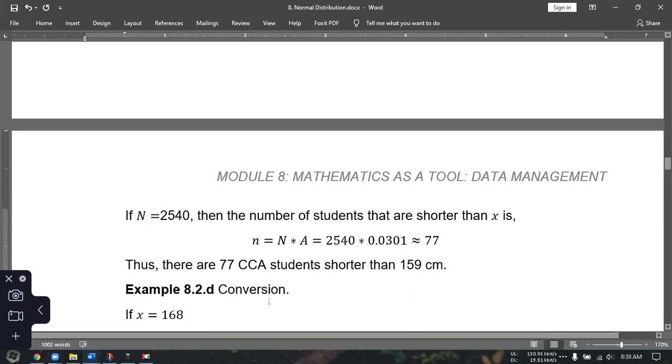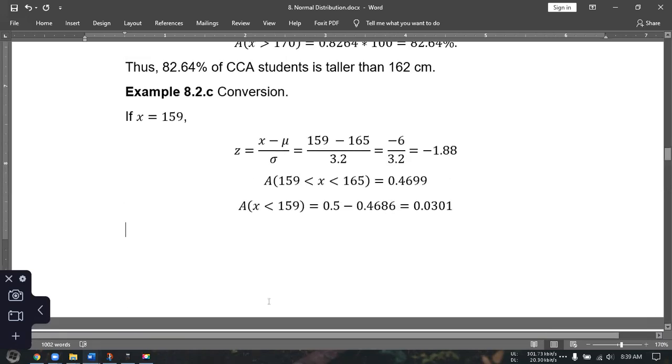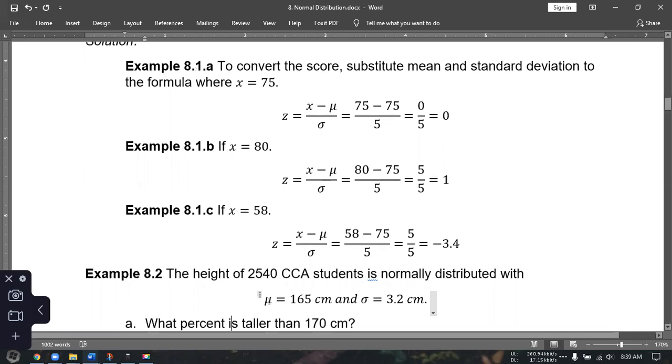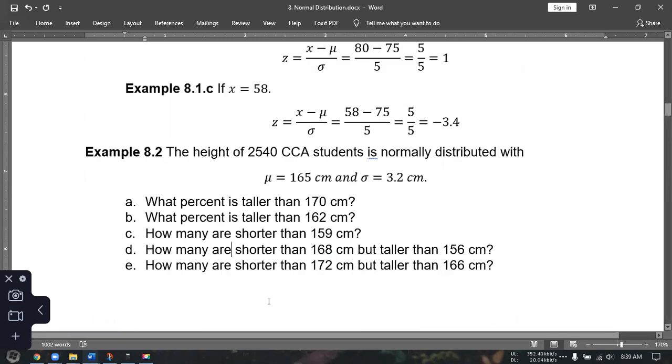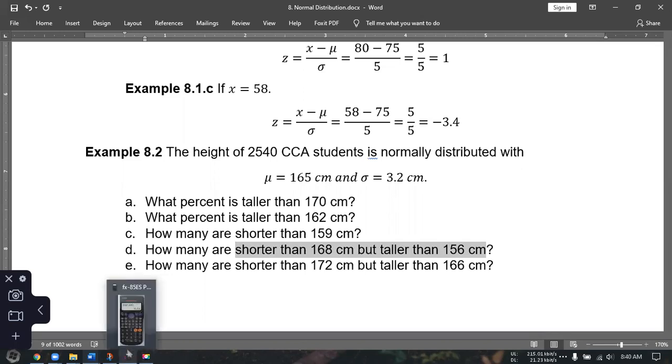So, letter D: how many are shorter than 168 centimeters but taller than 156 centimeters? So in between 156 to 168. So z-score, illustration, area, solving for the area of the shaded region, and then conclusion.